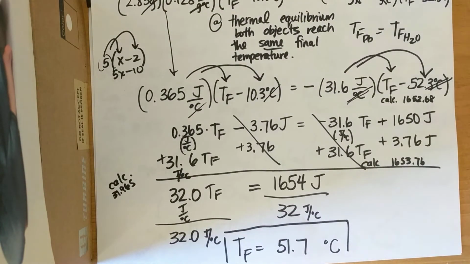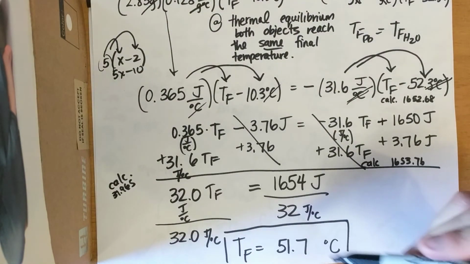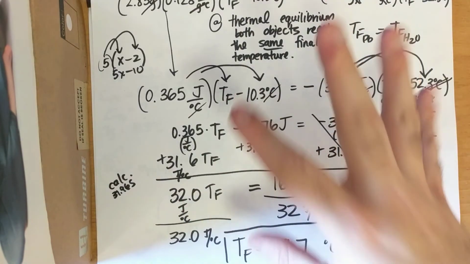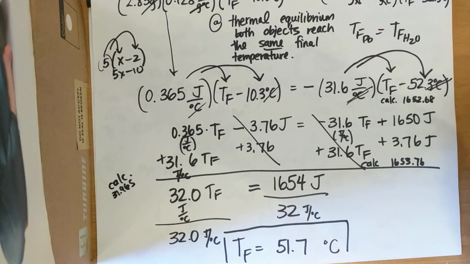In the end, when we solve for TF, our final temperature is 51.7 degrees Celsius. You'll have a question similar to this on your test or quiz when you get back next week, so let me know if you have any questions or concerns. This is probably a really tough question to have to swallow in order to answer.